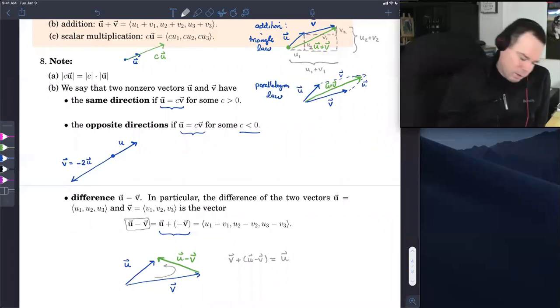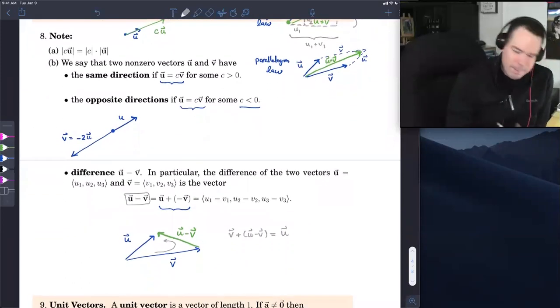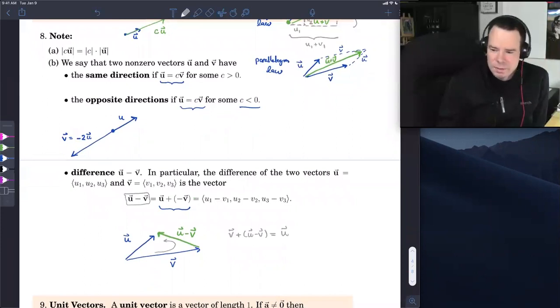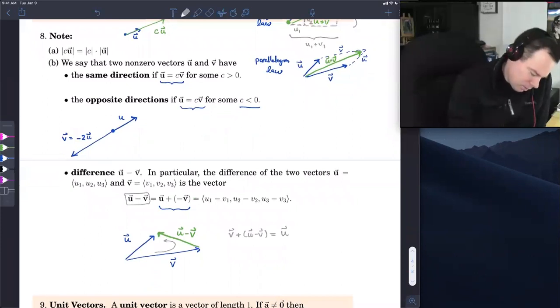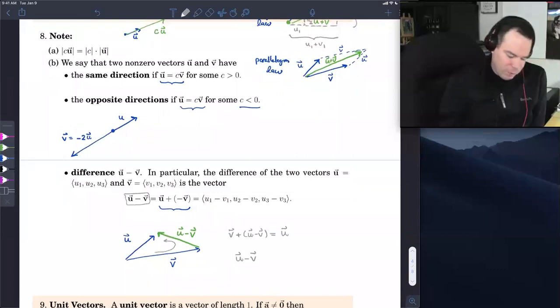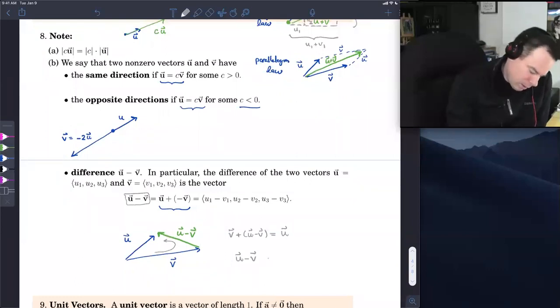Now you can see a connection with the previous two examples. u minus v: how do we get that?